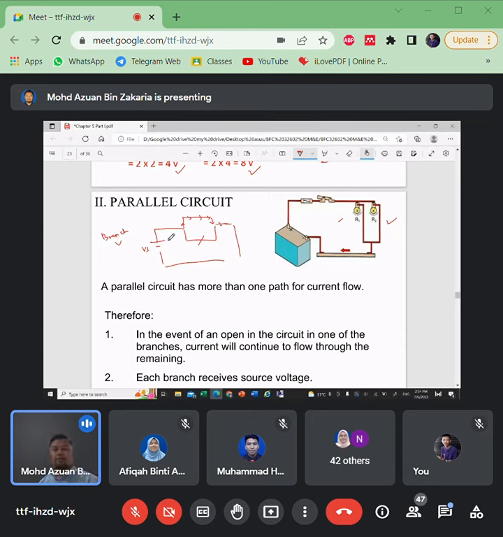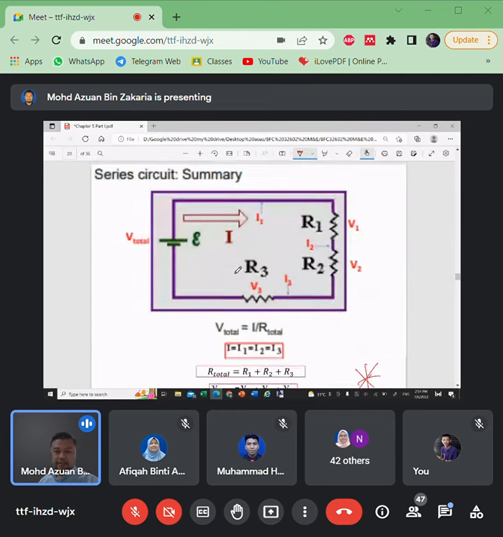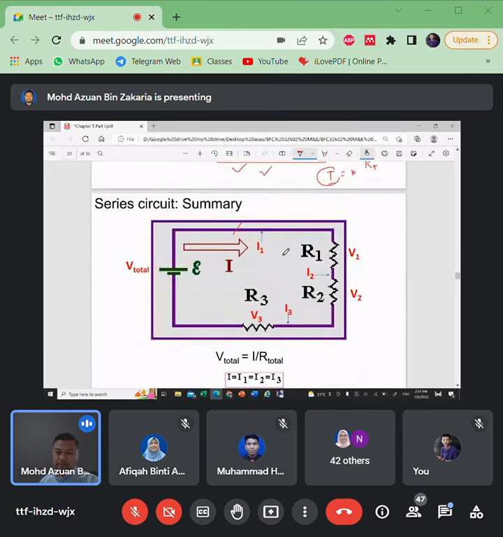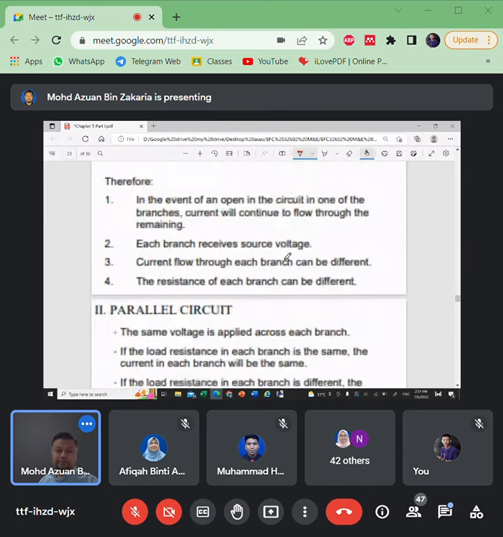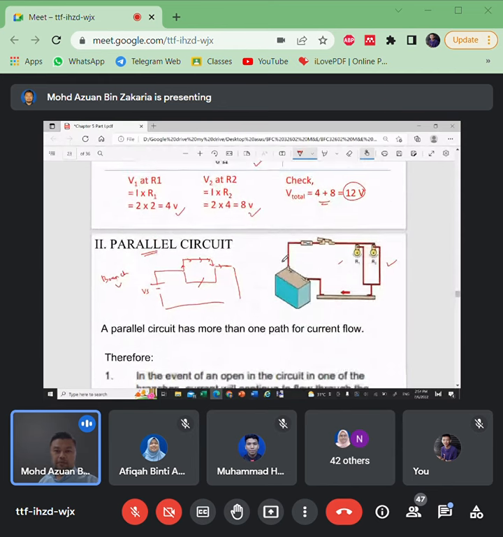So that is one of the benefits of parallel circuit. Okay, but in series, if the cable is cut, there will be no current supply.